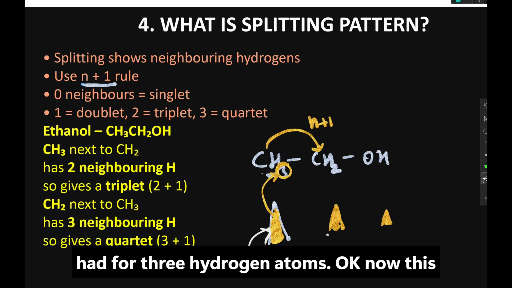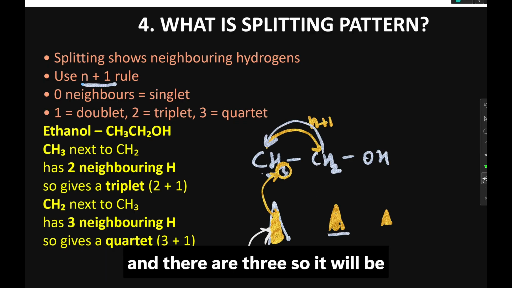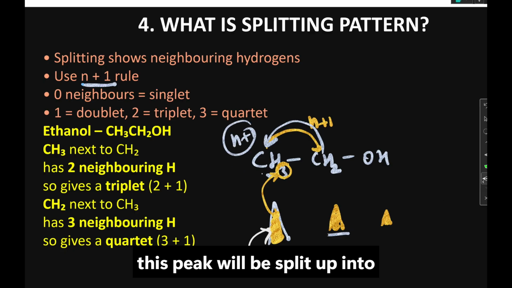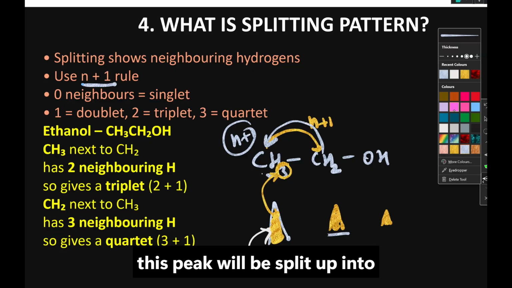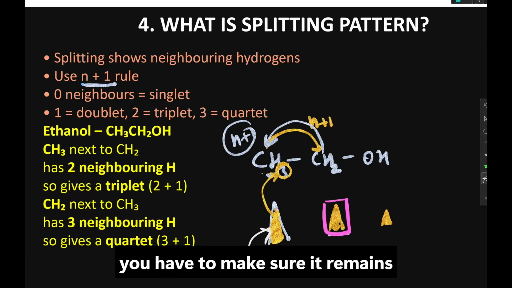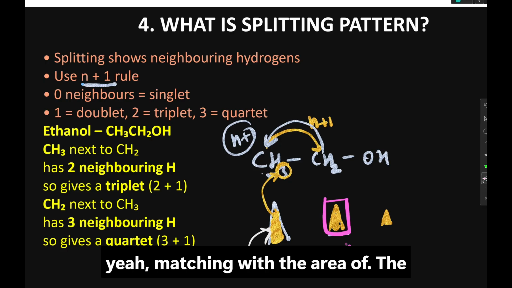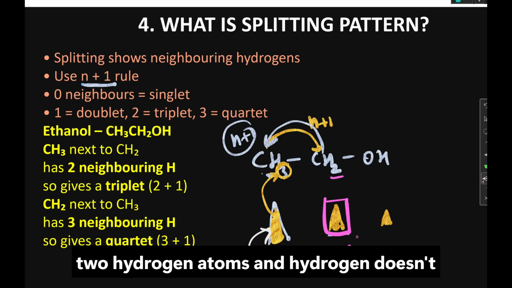Now this one will be split by these hydrogen atoms, and there are three, so it will be a quartet, n+1. So this peak will be split into four different peaks, but you have to make sure the total area remains the same. So 1, 2, 3, 4, like this, matching the area of the two hydrogen atoms.